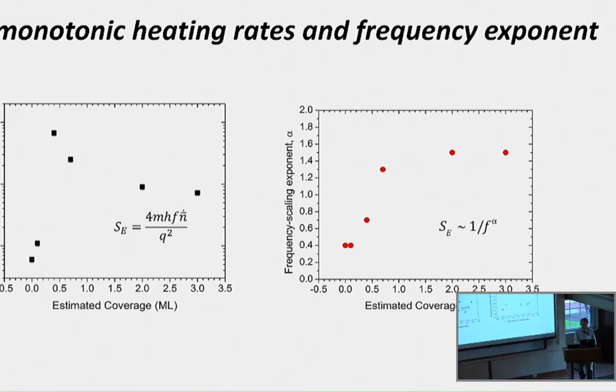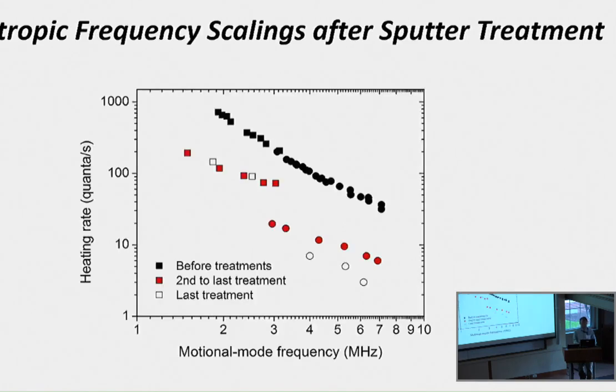And then, another weird thing about the measurements that we have is that if you do the heating rate versus the mode frequency, and this is for both modes, okay, so sorry, I should have labeled that better. The dots are for one of the radials and the squares are for the other radial mode that are parallel to the surface of the trap.